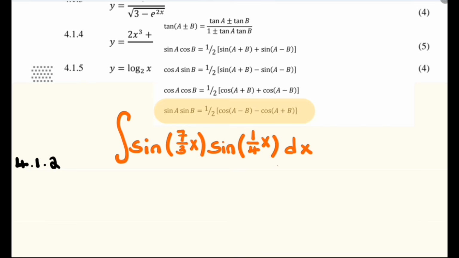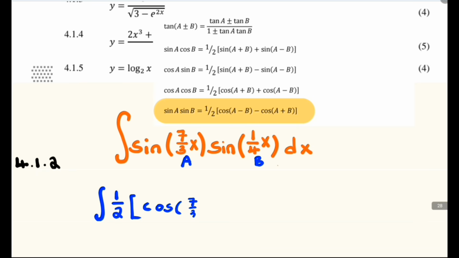We are going to use that trigonometric identity, and we are going to have the integral of a half multiplied by the cos of a. So the 7 over 3x will be our a, and the b will be the 1 over 4x. So we have the 7 divided by 3x minus the 1 over 4 multiplied by x.